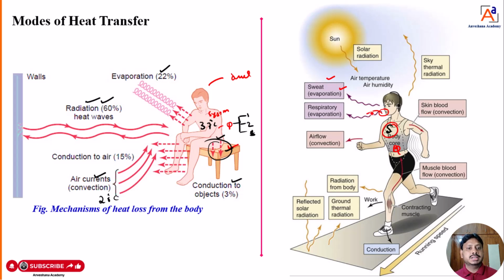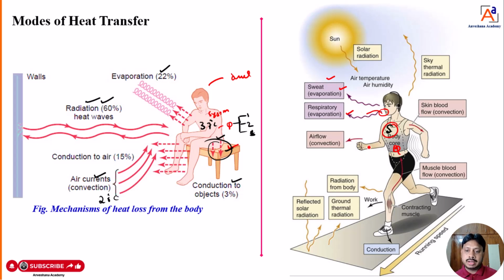Hence the heat transfers from hot air to cold air. If heat transfer takes place in that manner, that type of heat transfer you can call convection heat transfer. Hence respiration and evaporation, both are convection heat transfer, dear students.